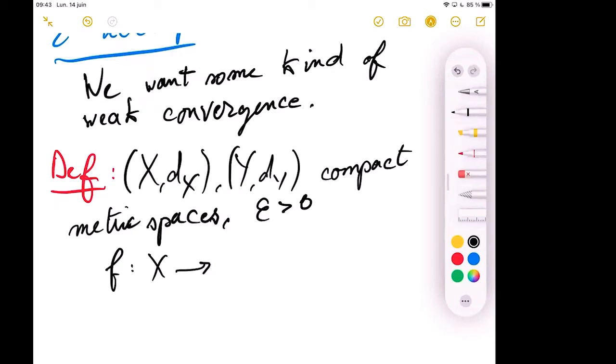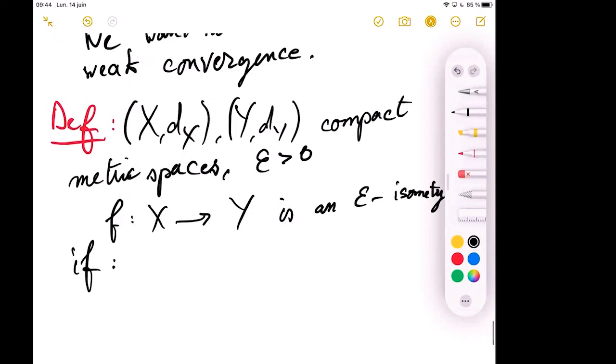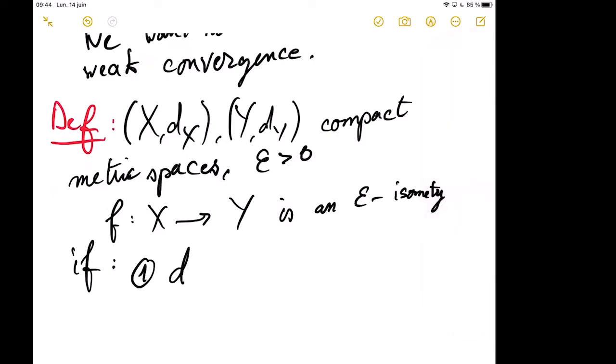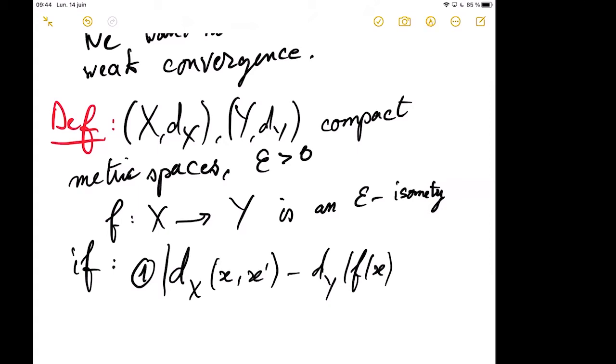We say that f from X to Y is an epsilon isometry if, first condition, the distance between points in X and the distance measured in Y between their images by f is roughly the same.